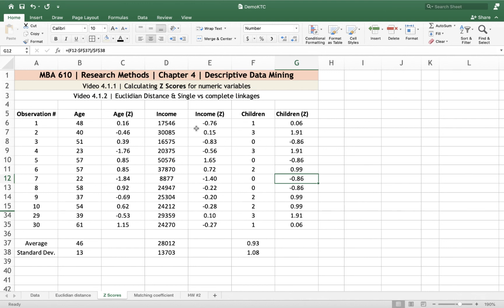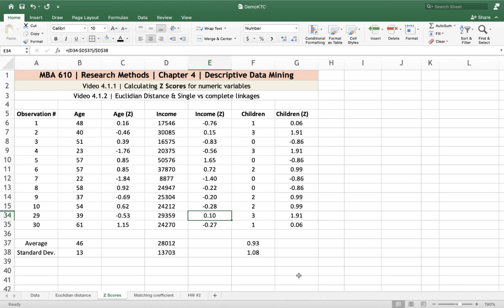So now, someone who's got an income difference that's 1.4 standard deviations below the mean, that will register as a large difference. But someone who's quite close to the mean, like 0.1 standard deviations away, won't override the large difference that this person has in terms of number of children.